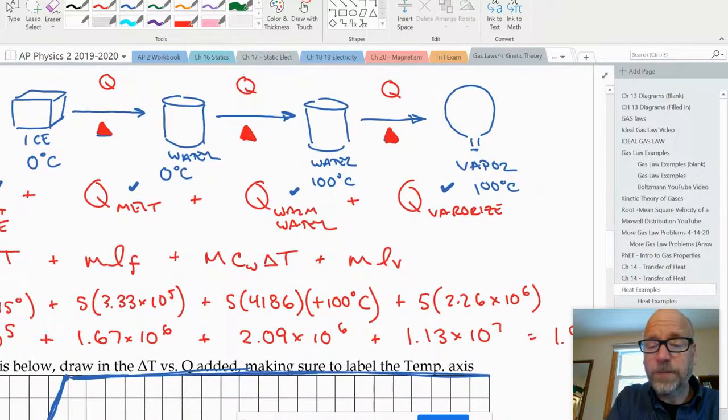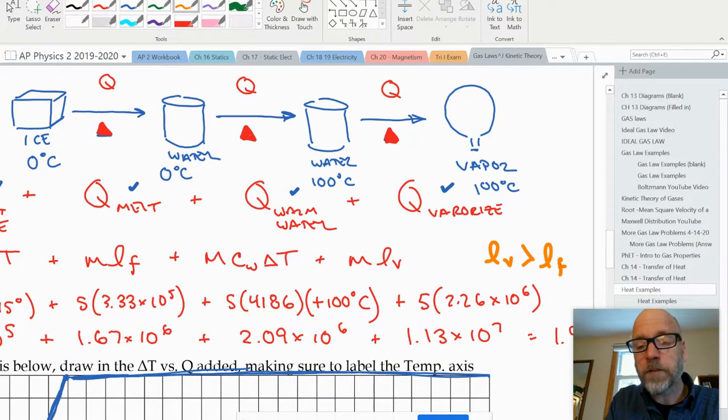And then lastly, that 5 kilograms is going to have energy or heat put into it until it becomes a vapor. Now you see that LV is much greater than LF, because it takes more energy to go from liquid to gas than it does from solid to liquid.